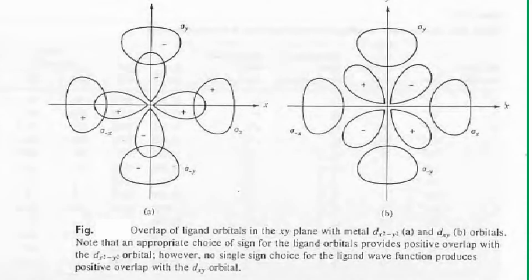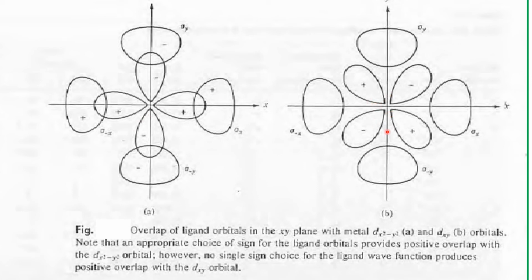In this case, this is shown for the dx square minus y square orbital, that is the d orbital along the x and y axes, and this is the T2G set corresponding to the dxy orbital, in between the x and y axes.